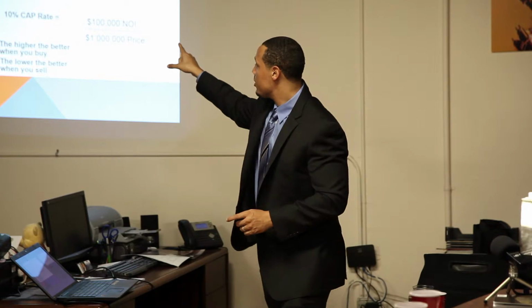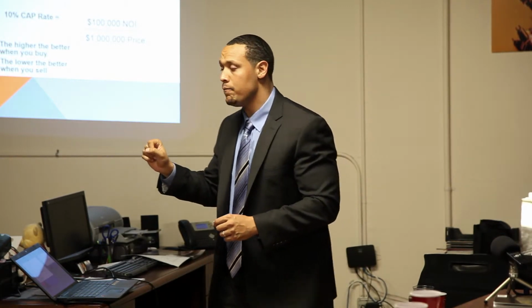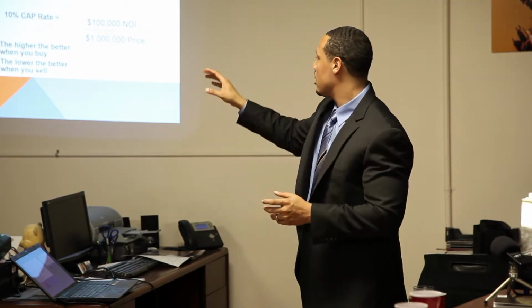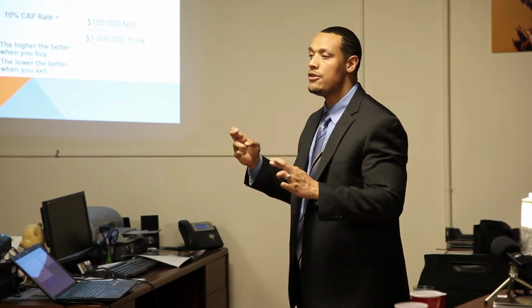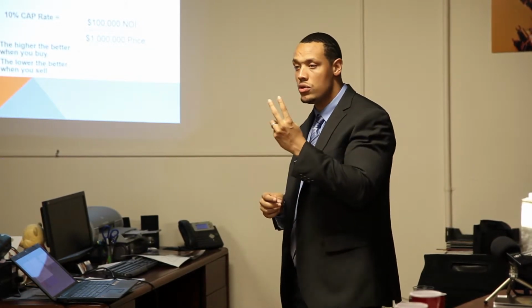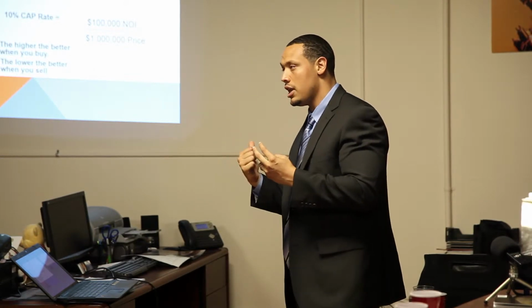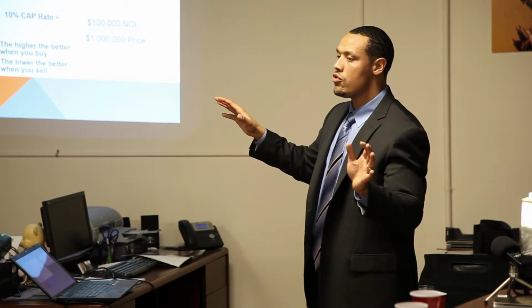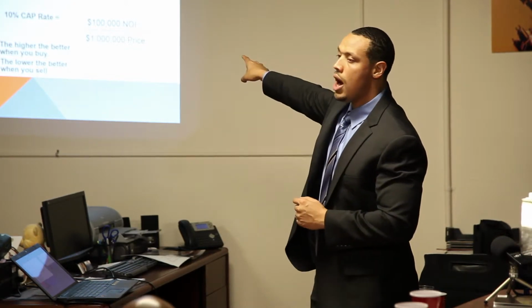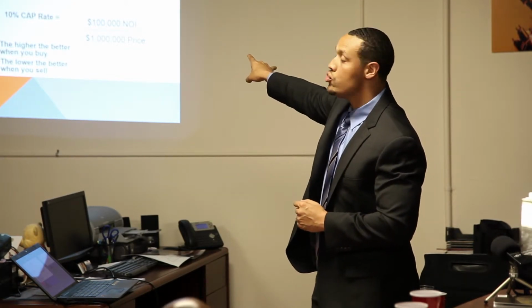So let me just say this. Say the cap rate was 10%. The way you get to value or price: these numbers, cap rate, NOI, and price, are related, which means if you have two of those numbers, you can always figure out the next one. So you can't control the cap rate, but you can control the NOI. Let's say you bought that NOI up to 200 grand.